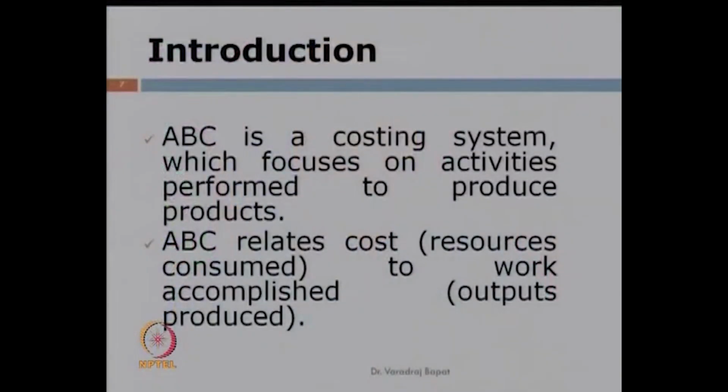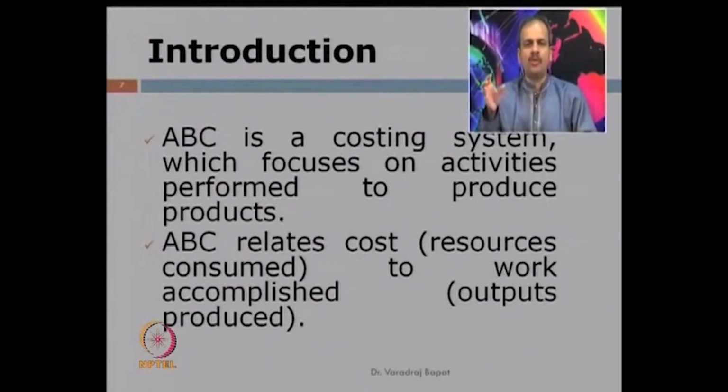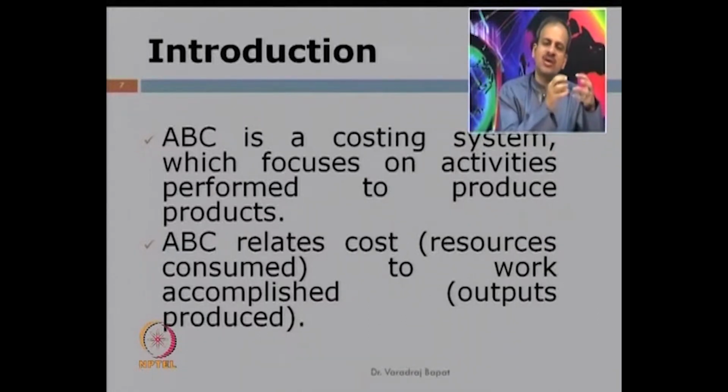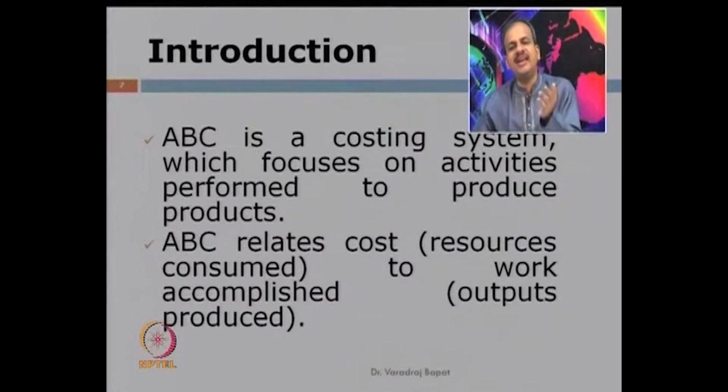ABC is a costing system which focuses on activities performed to produce the products. It relates the costs to work accomplished. Costs are the resources consumed for some work, so we try to see what this cost is for, and try to directly link it to the product through cost drivers.